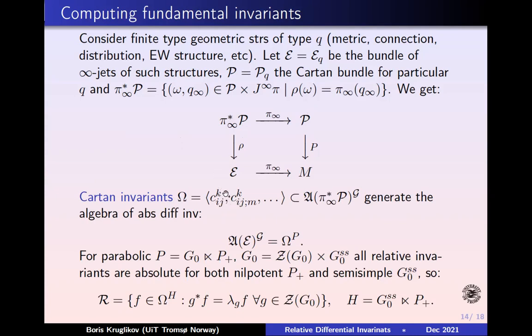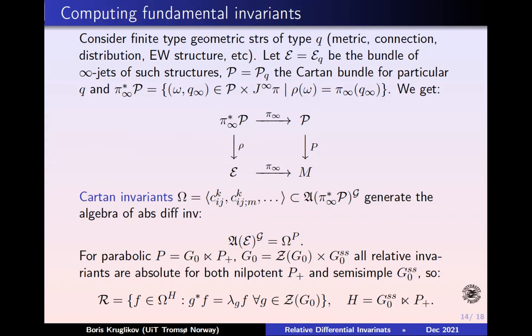Then you compute the structure functions of the absolute parallelism there in P, and the derivatives along the frame, because if I said finite type, then there is a frame, right? So this is the algebra of invariant functions here. Okay, and the invariants are with respect to G.